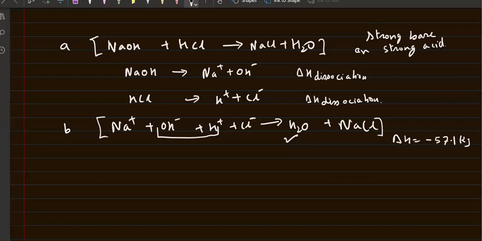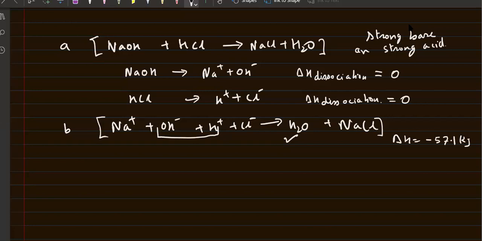Strong acid and strong base are those acids and bases which dissociate completely on their own. Yes or no? So I can say that for strong acid and strong base, delta H dissociation is 0. Yes or no? It is 0.